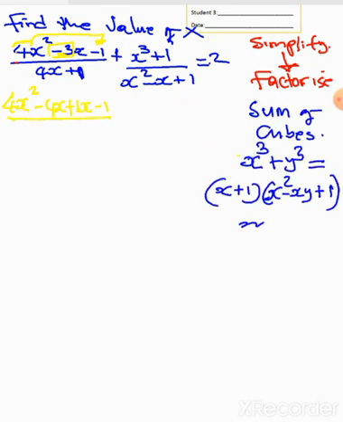Then all this divided by 4x plus 1 plus, what is this? This is what we've been talking about, the sum of cubes. Why is it the sum of cubes? It's the sum of cubes because x is cubic plus 1, and 1 can be written as a cubic as well. Therefore, indeed, it is a sum of cubes, because x cubic plus 1 cubic.